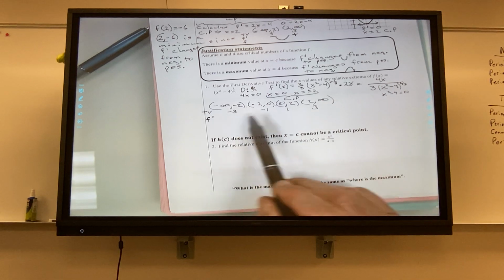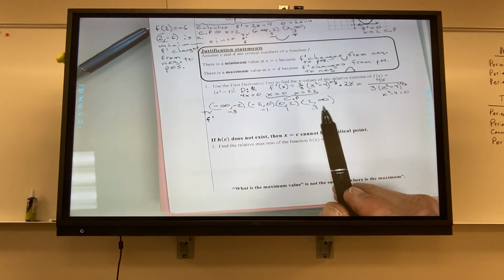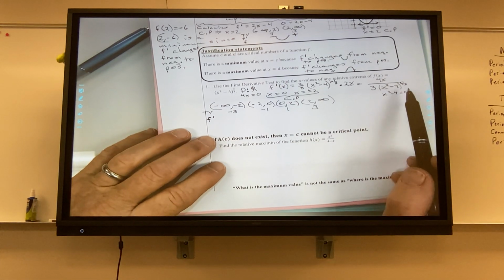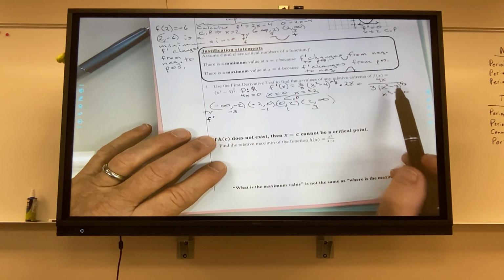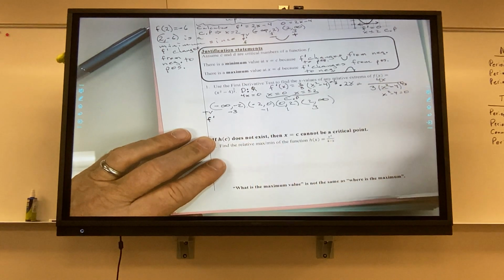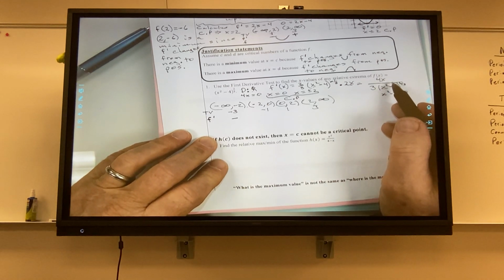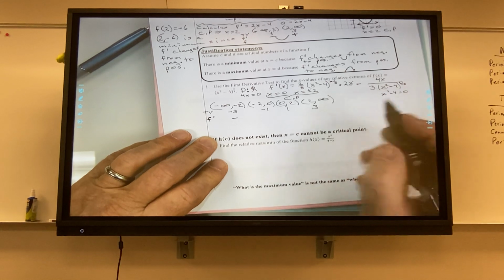So I could do these two at the same time because I'm squaring them. Everybody okay with that? So if I put a negative 3 in here, what's it going to be, Jonah? Negative, because you'll have a negative 12 on top. And if I put a positive 3 in there, it's going to be what? Positive, because you'll have a positive divided by a positive, correct?